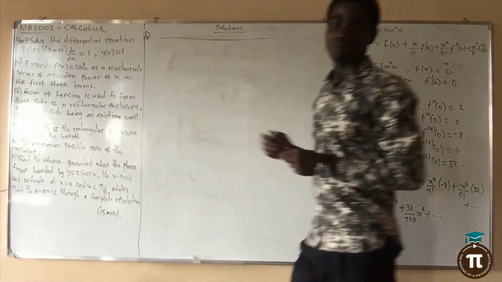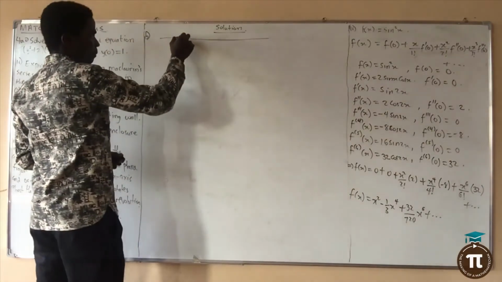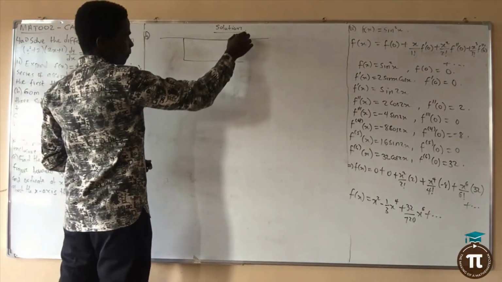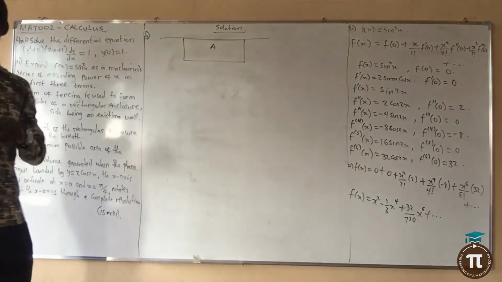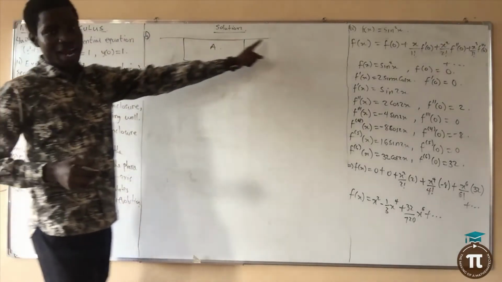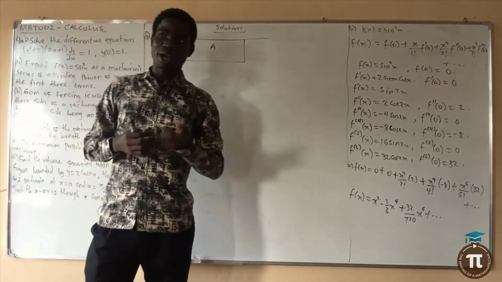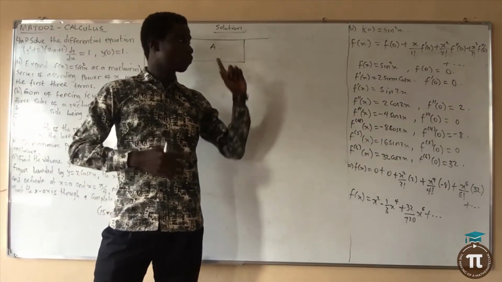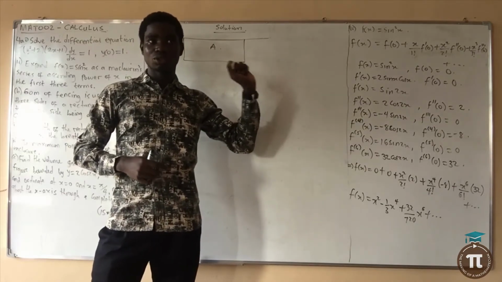Then you have 3 other sides. So let's say this is the rectangular enclosure that they want to talk about. Then this side is the wall. You need to draw the diagram in this case so that you can see what you want to do.